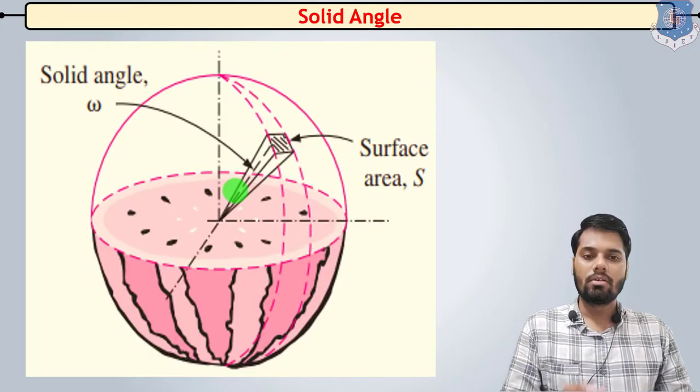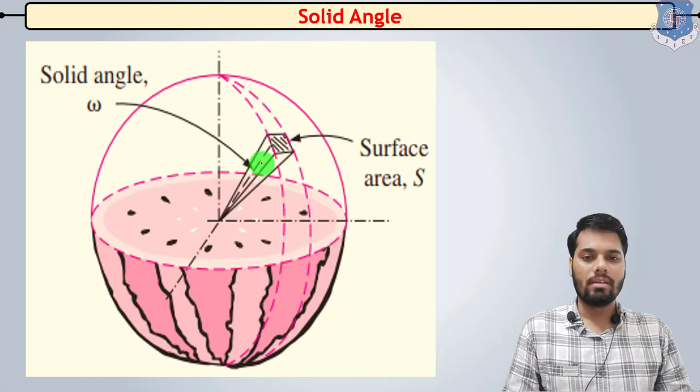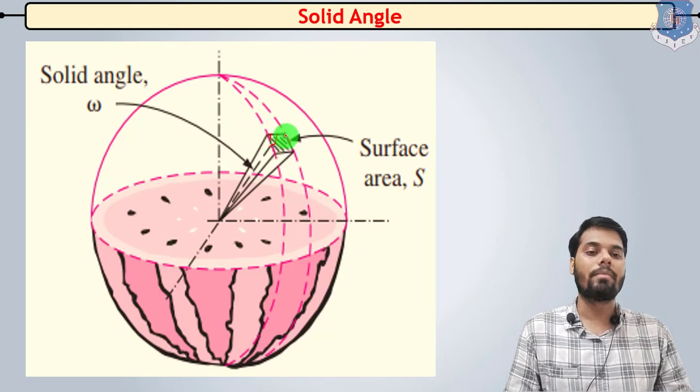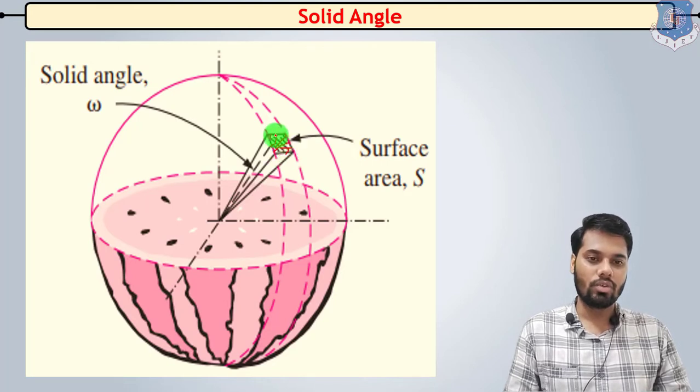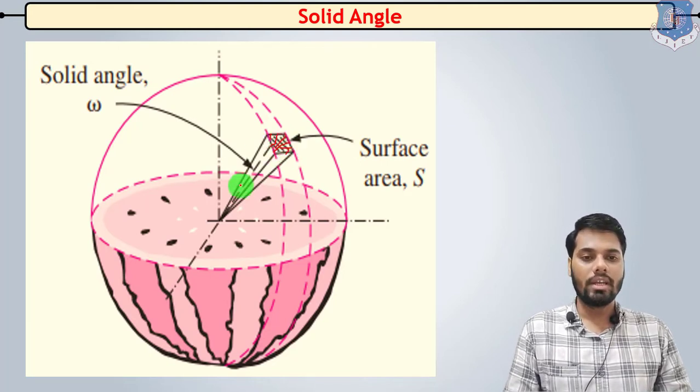But now consider a watermelon. If we want to quantify the size of a slice of this watermelon, we can do it by considering this area shown in the figure and connecting all the end points to the center of the watermelon.